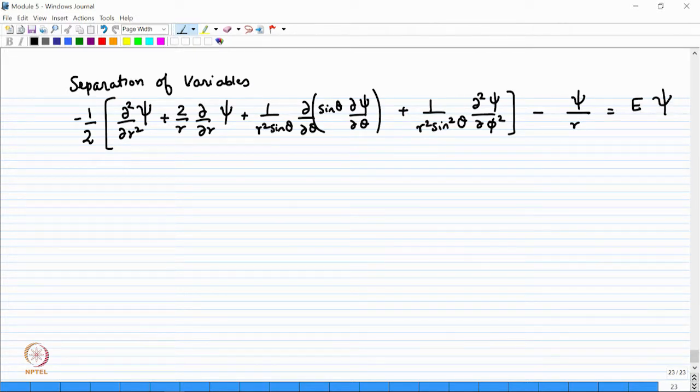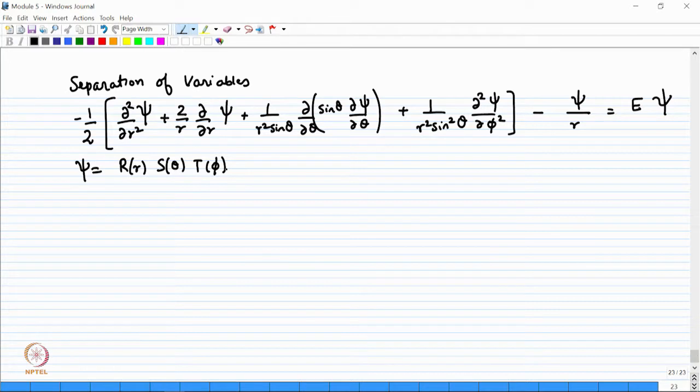So now, in this differential equation, we substitute the expression for psi, so psi is equal to R of r, S of theta, T of phi.